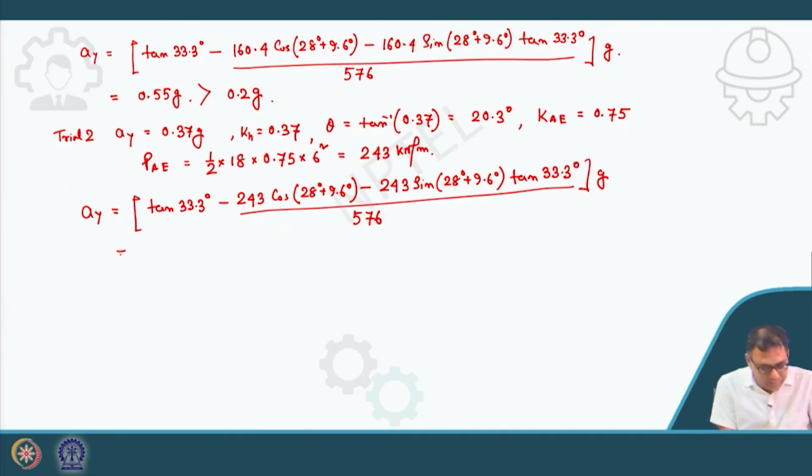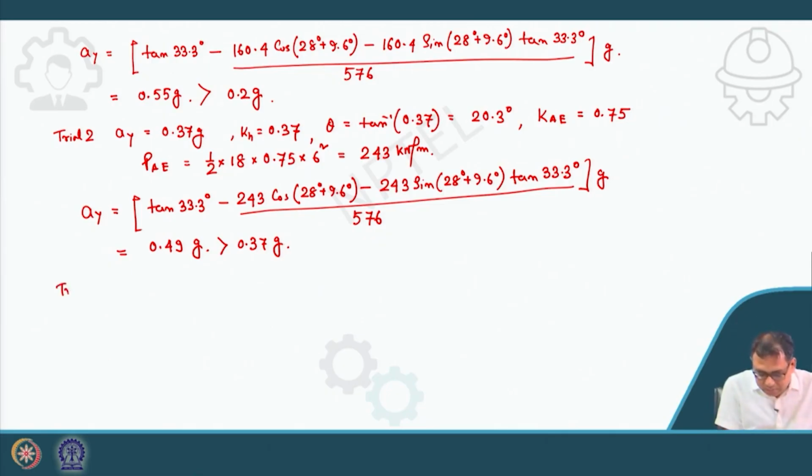So, it will be equal to 0.49 G. Okay, 0.49 G, but we assumed 0.37. So, again another trial is required.